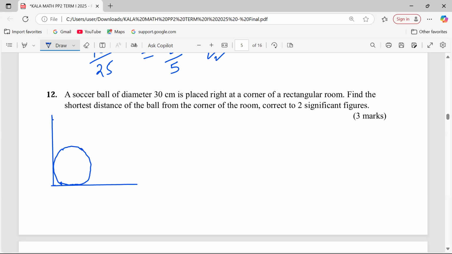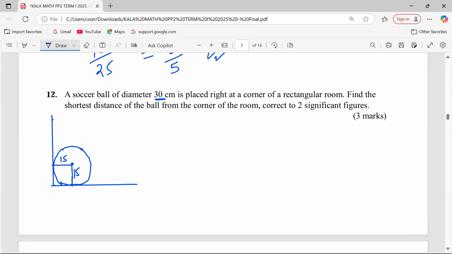So we are told that the diameter of the ball is 30 centimeters. If the diameter is 30, then it means we are having 15 and 15. The radius is 15. So now, which distance do we want to calculate?